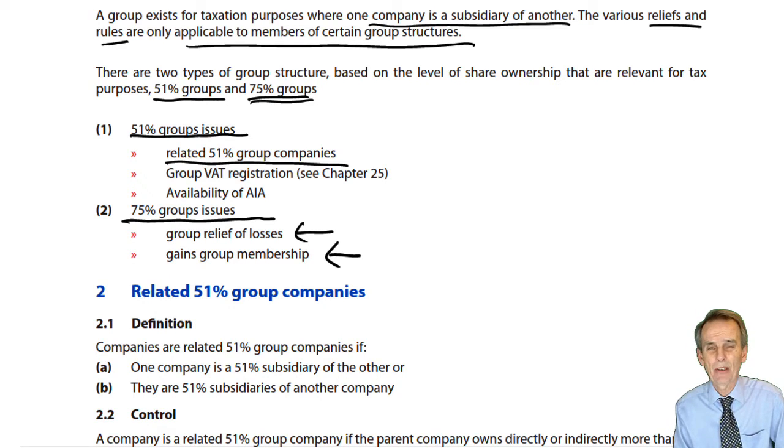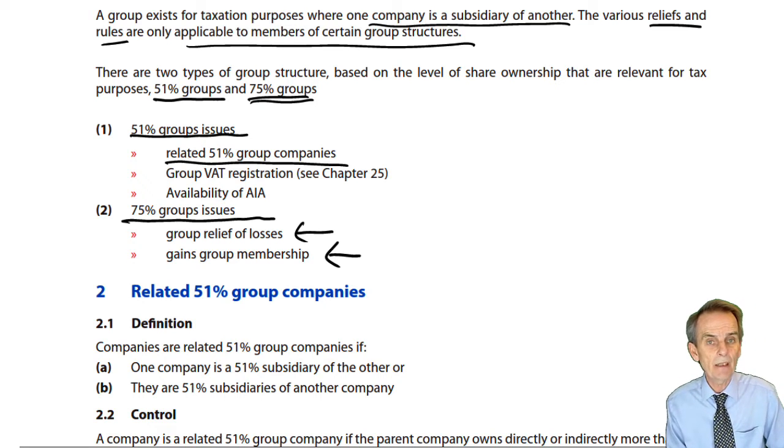But that profit limit of 1.5 million, pardon me, now within a group of companies, we'd have to share that profit limit out amongst all of the companies within the 51% group. So the profit limit for use in any of the individual group companies needs to be divided by the number of related 51% group companies.